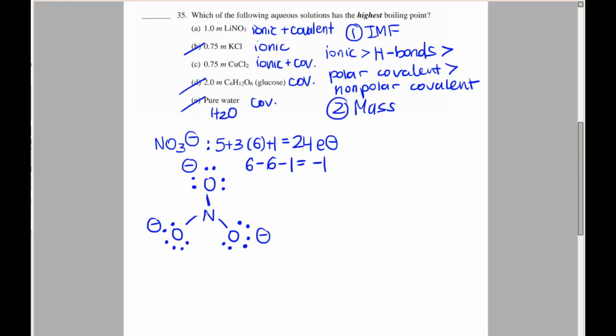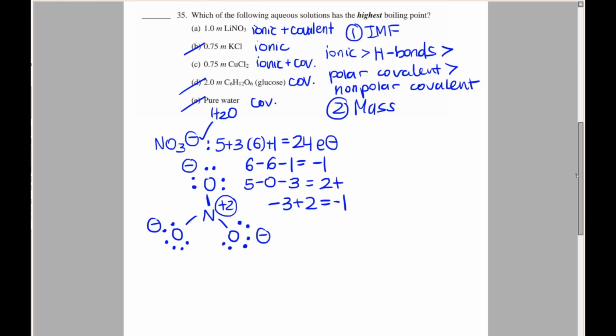Now on the other side, nitrogen has 5 valence electrons, and we see no lone pairs, and we see 3 bonds. So this is going to have a +2 charge. So we know that we have these -3 charges plus 2. That's equal to -1 net charge, and that checks out with what we have here. So that's a good sign.